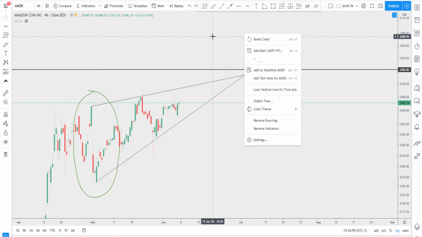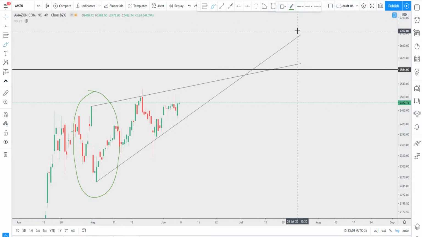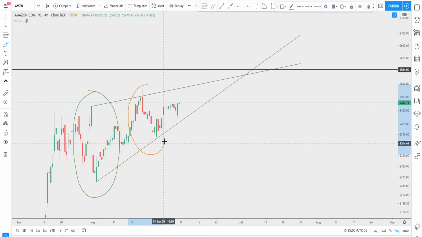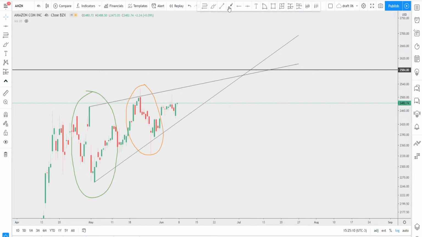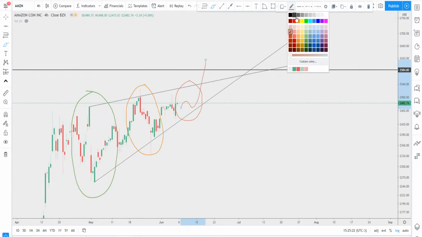Okay, so this is the second stage of the rising wedge. And this is going to be the last stage for the rising wedge, which is going to give us the bull break, okay?